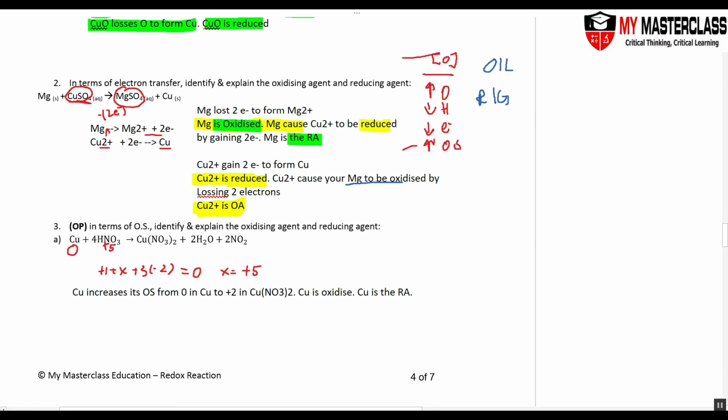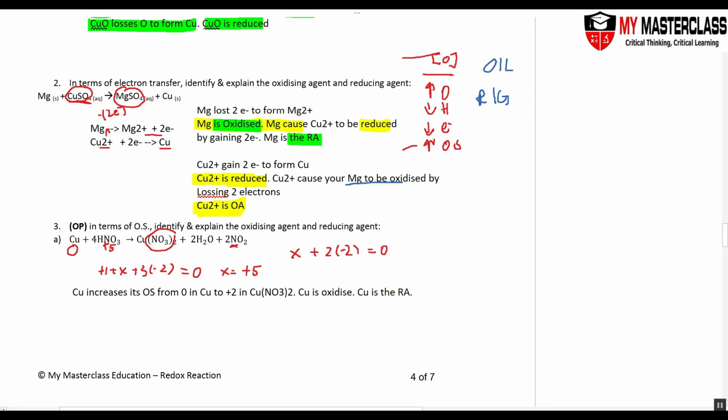Because this is a nitrate, this is also a nitrate, it's the same thing, you don't have to count. So I should count this one instead, the NO2. Using the same example, X plus 2 times minus 2 equals 0. The whole thing, NO2, is neutral.